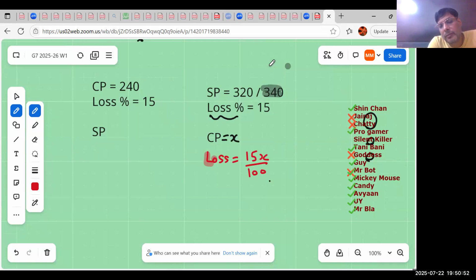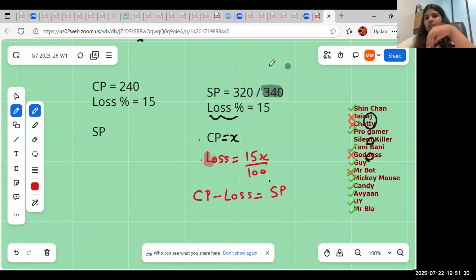Now what will be the equation? 15x by 100 is equal to 340. नहीं बेटा, आप मुझे पहले इक्वेशन बताओ, सीपी लॉस और एसपी की क्या होती है? अगर आपको लॉस हुआ है तो एसपी ज्यादा होगा कि कम होगा? कम होगा. तो फिर क्या इक्वेशन बनेगी? सीपी माइनस लॉस इज इक्वल टू एसपी, ये इक्वेशन तो बनेगी.